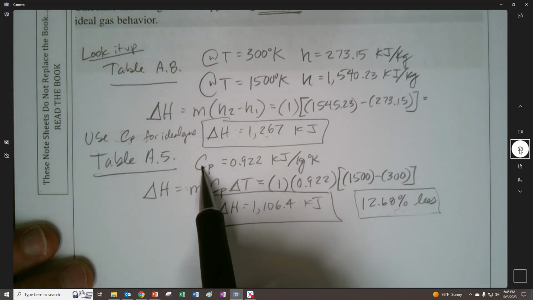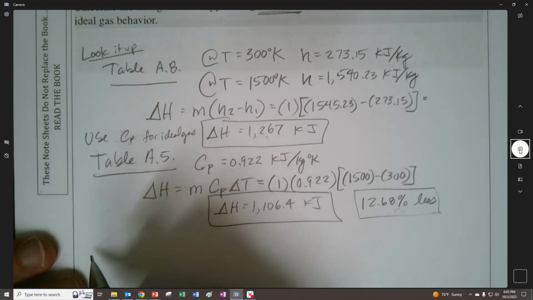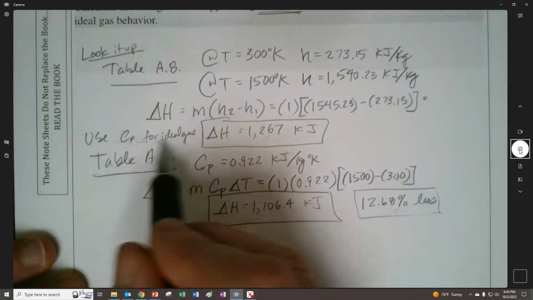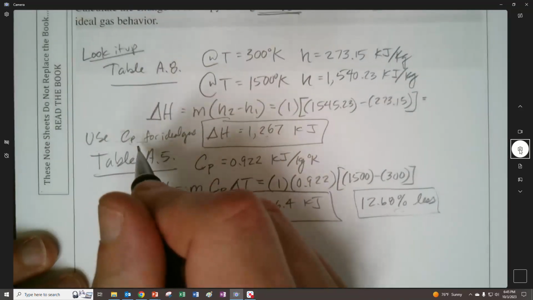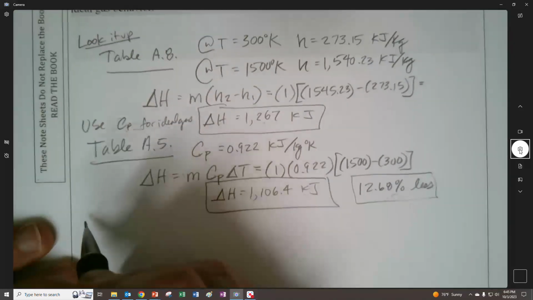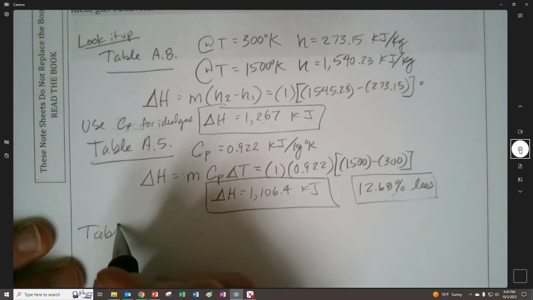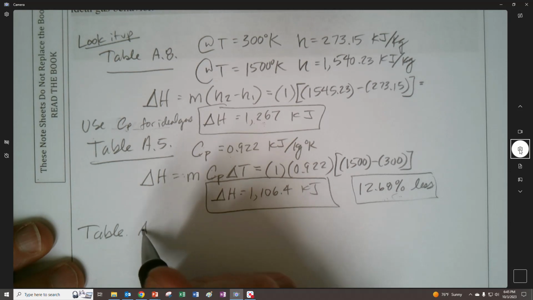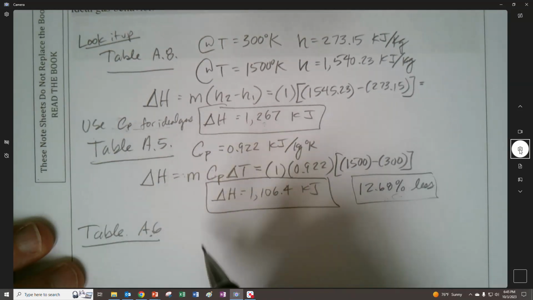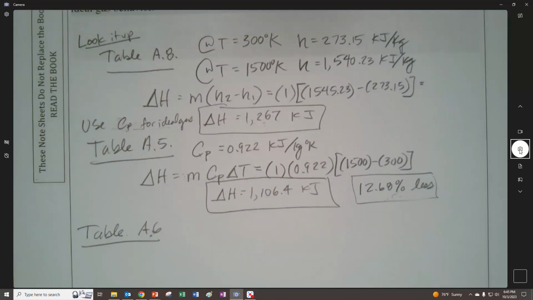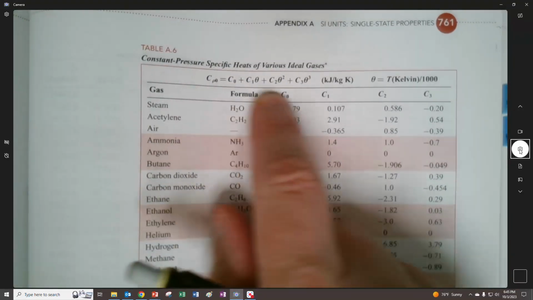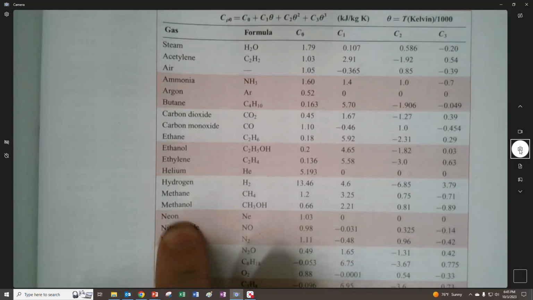And we really have two choices. I'm going to do both choices. So let's go to, for an ideal gas, table A6. Using table A6 right here we have this equation, and we're going to do it for oxygen.